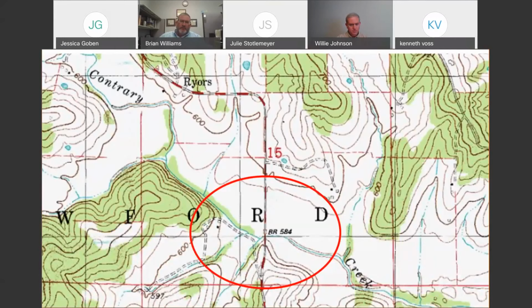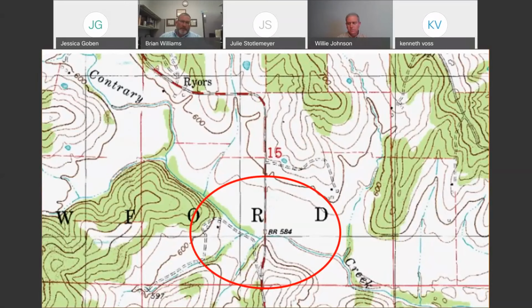So here is the topo area. Obviously, you've got some grades right in here. It's pretty flat out in this area, but it's pretty steep over in this direction. So thinking about considerations, looking at some pictures to understand really what that area looks like is key, so that you can kind of decipher what the maps are showing you.